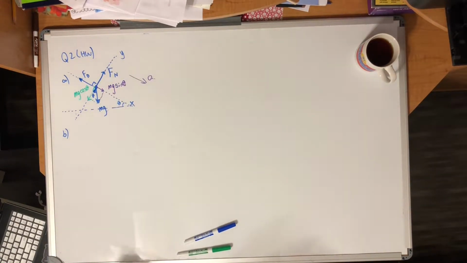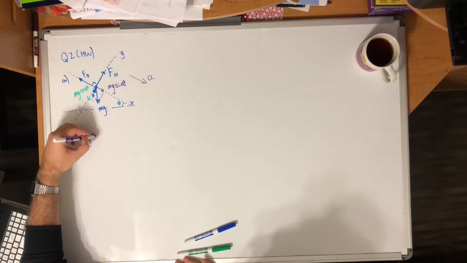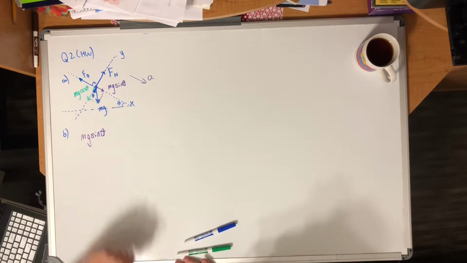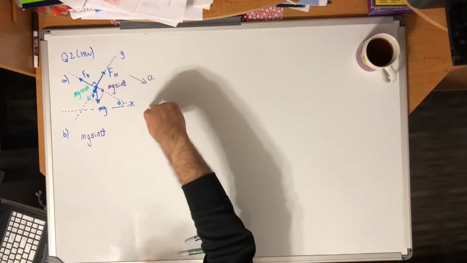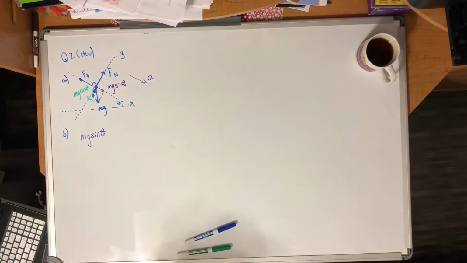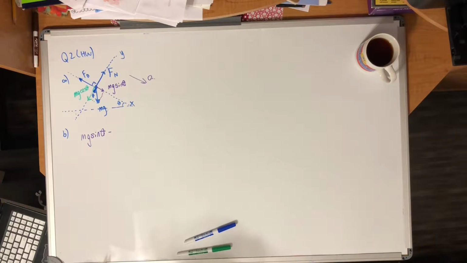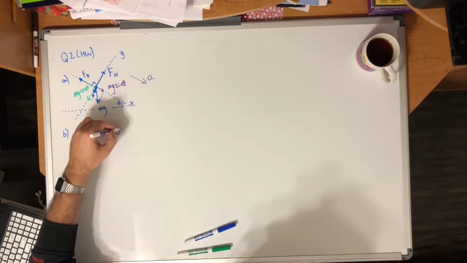And I can choose this direction as positive. Then I'm going to have mg sine theta going downward, but Fd is going to go against that motion, so I'm going to have Fd going negative. But Fd is given to me as bv.